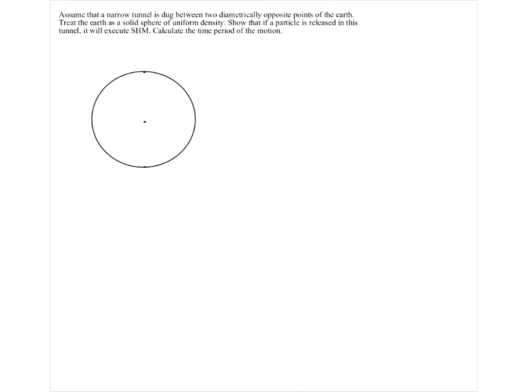We would need to show that the F equal to kx condition is satisfied. So let's say at an instant the particle is here, where this is x.